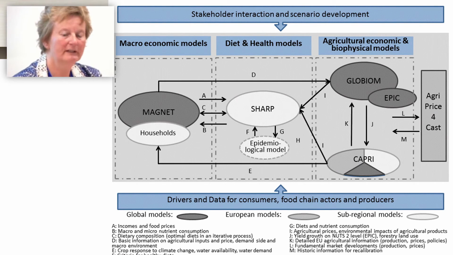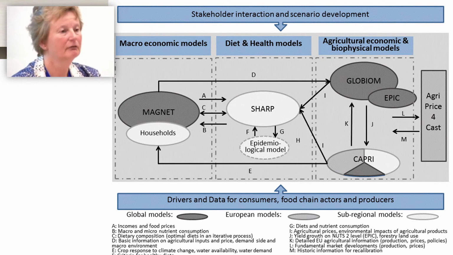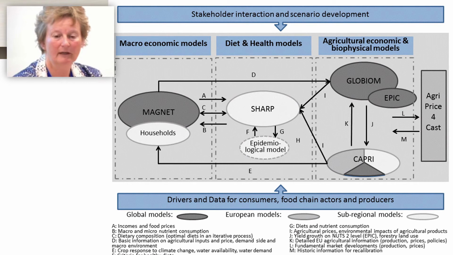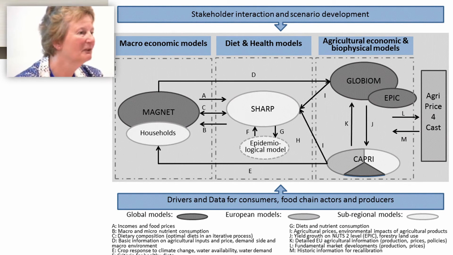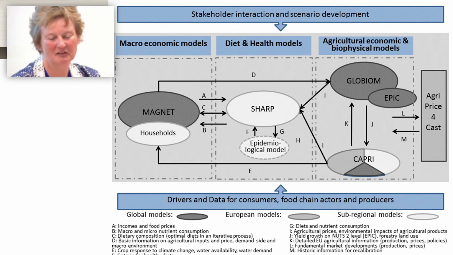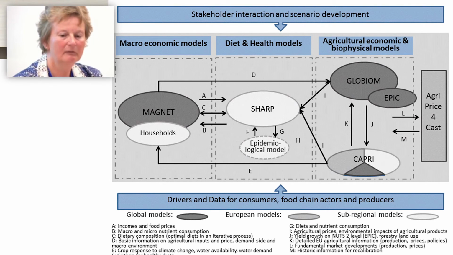So from the side of the agriculture economics, from the macroeconomic side, we try to integrate all kinds of model work to contribute in the end to the sharp diet, as we use the acronym for it, which also feeds interesting parts for the consumer towards this DISH RI.